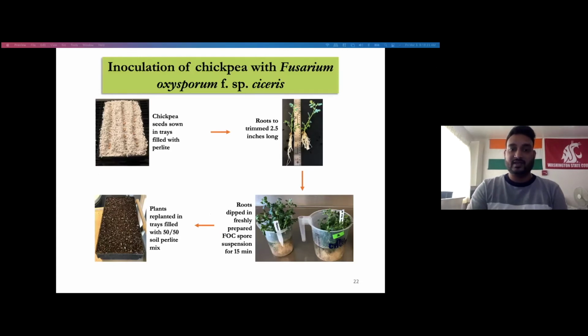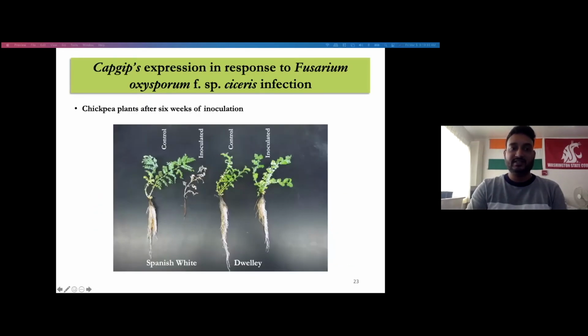For control, we just dip them in sterilized distilled water. We replant them in trays filled with a 50-50 soil and perlite mixture. You can see these chickpea plants 6 weeks after inoculation, where Spanish white, the susceptible one, is totally wilted and dead, and Dwelly, which is resistant, is very little affected.